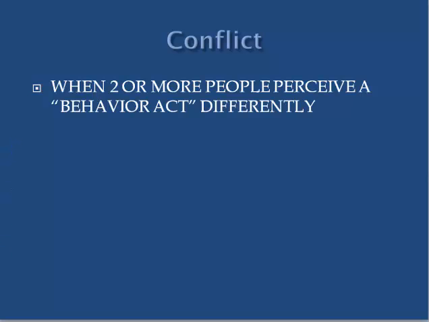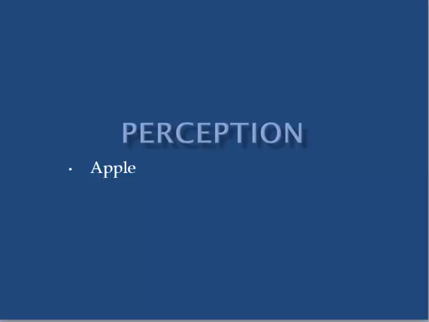Now, let's talk about perceptions for a little bit. I want you for a second to picture an apple. What is an apple to you? Okay. Now, my perception of an apple might be similar to yours, or it could be different.